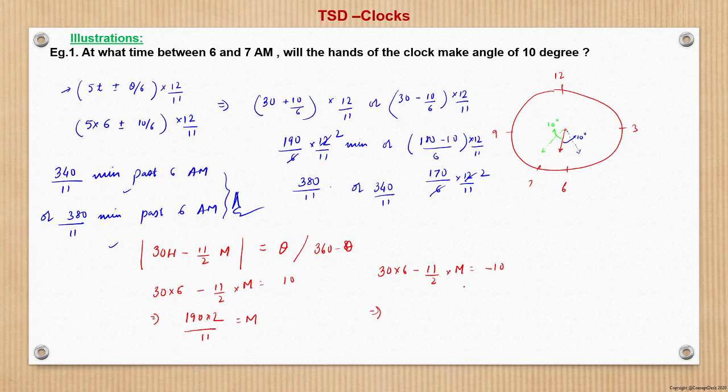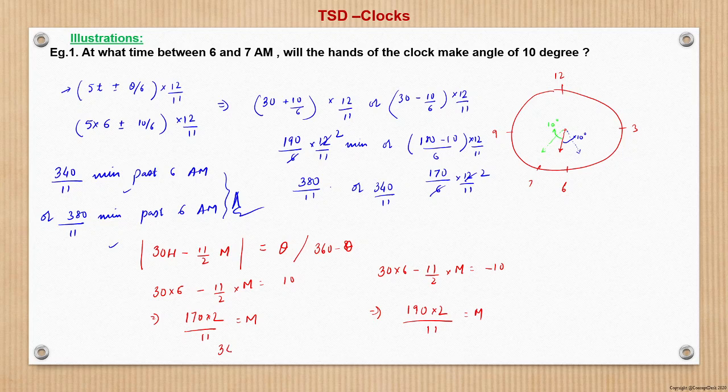And if we solve this, here we will get 180 plus 10, 190. And in the other case, this will become 170. Here it will be 190 into 2 upon 11 is equal to m.